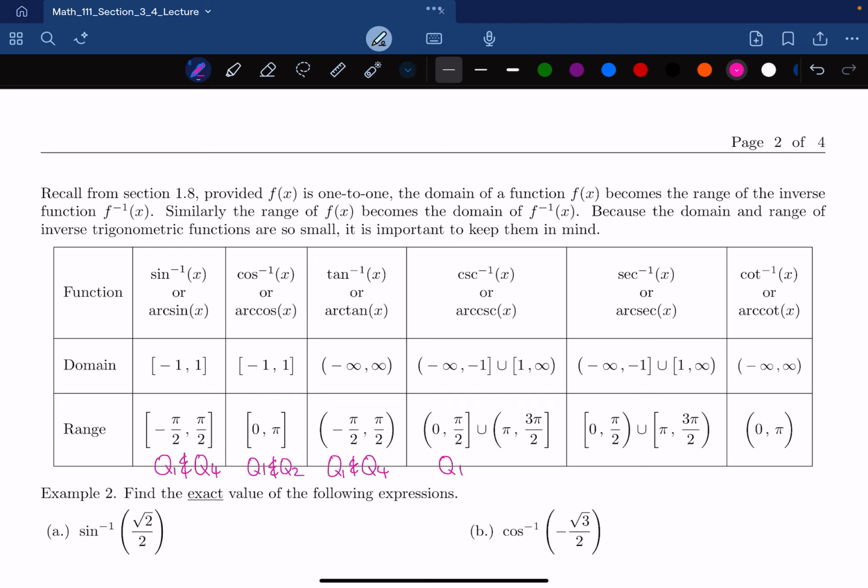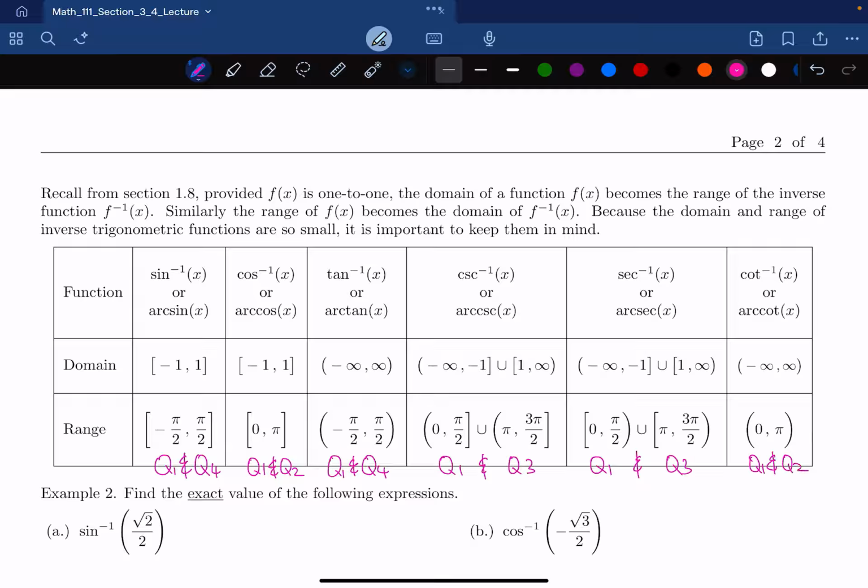Pi to 3 pi over 2, this is actually in quadrant 3. Same thing with secant inverse, same idea, quadrant 1 and quadrant 3. And finally, going back to cotangent inverse, it's going from 0 to pi, which is quadrant 1 and quadrant 2.